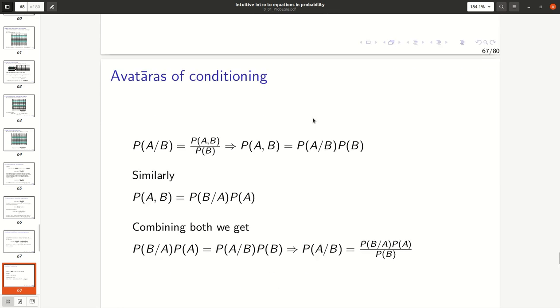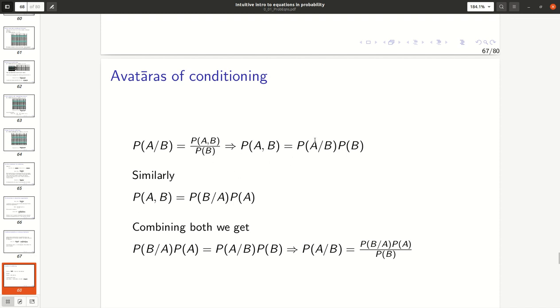If we look at the expression for conditional distribution, then we can just rearrange this equation by saying that the joint distribution of AB is equal to the conditional distribution of A given B times P of B. It's just a simple algebraic equation manipulation.